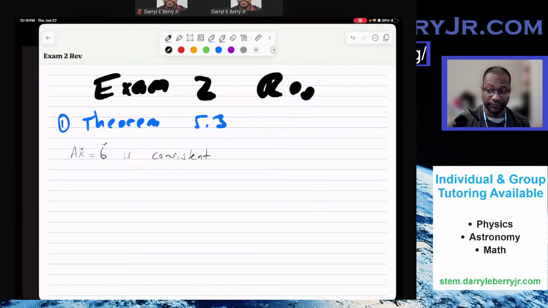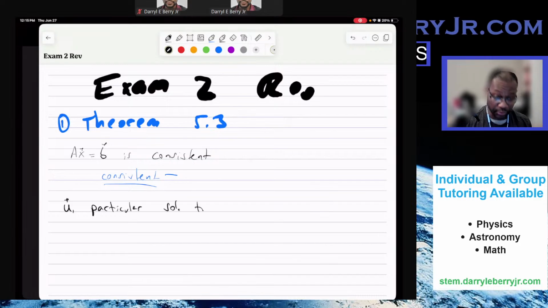And to review the definition of consistent, it says let U1 be a particular solution to AX equals B.